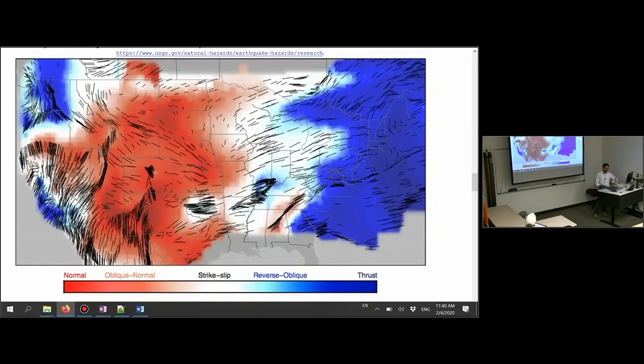Vertical, right? But don't be misled, because you may be in some other places, like probably you may have some application here in the East Coast, and that's not going to happen. That's going to be the opposite. If you do hydraulic fracture, it's going to be horizontal.